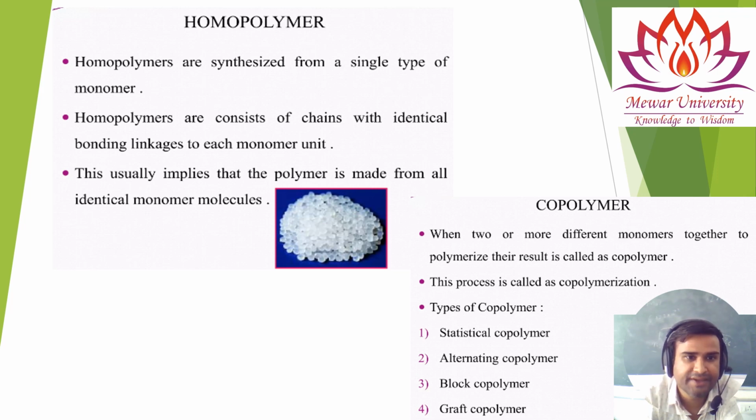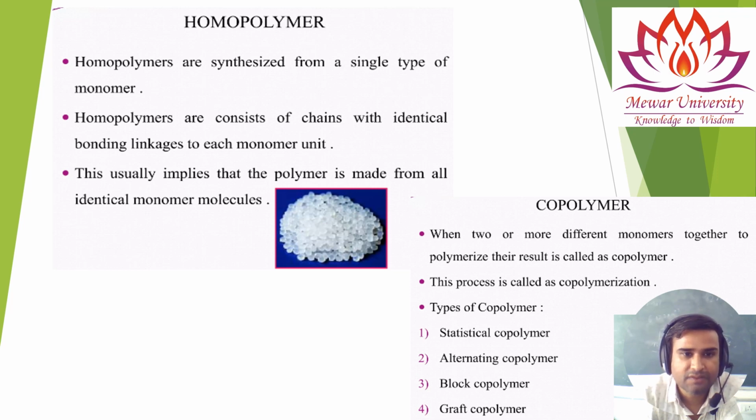So their bonding is identical, and this usually implies that the polymer is made from all identical monomer molecules. You can see this is the crystal of ethylene. When an ethylene particle joins with another ethylene particle, they make a type of bond, and the same type of bond is made with another two. That is called the homopolymer.